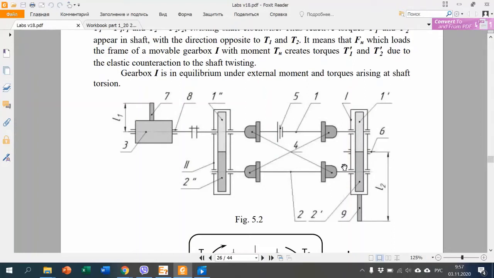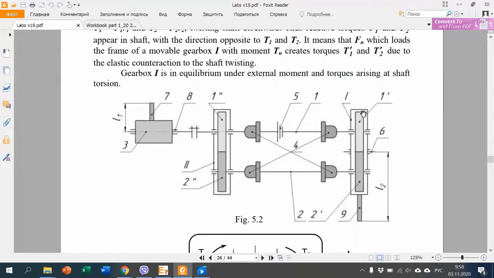So, for example, we have frictional coupling, number 5, and this frictional coupling can change the angle between elements of one shaft, between one piece of shaft and another piece of shaft. And what happens when our gearbox operates in usual condition?